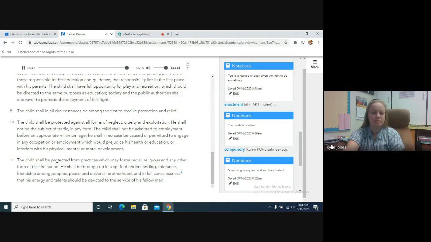The child shall be protected from practices which may foster racial, religious, and any other form of discrimination. He shall be brought up in a spirit of understanding, tolerance, friendship among peoples, peace, and universal brotherhood, and in full consciousness that his energy and talents should be devoted to the service of his fellow men.